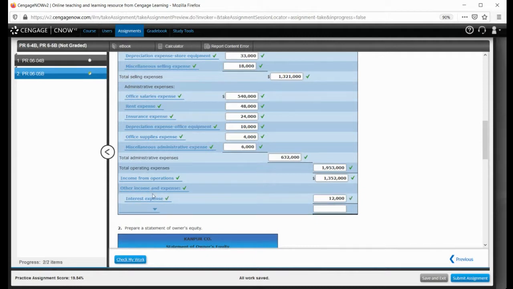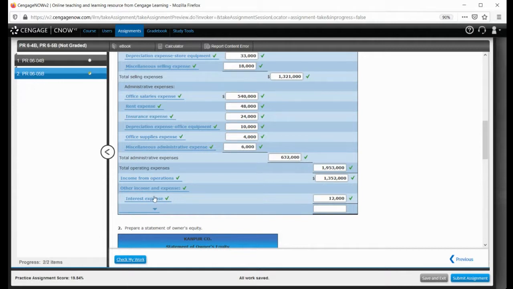Now, what you have to know about other income and expenses is if you had some other revenue, you would combine it with your other expense. And the net amount would be what we show next. But because there was only one other expense, there was no net amount. The interest expense is going to deduct from our income from operations.